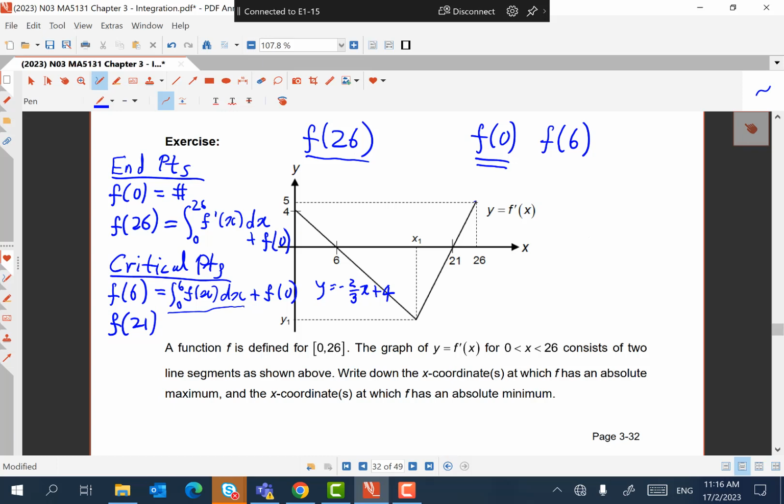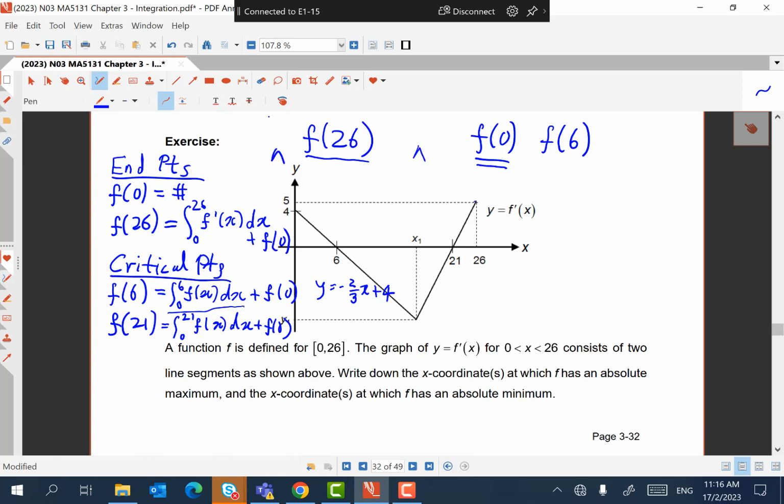How about f21? Judging from the area from 0 to 21, compare f21 with f0: who is bigger? f0 is bigger, so f21 has to be either here or here.